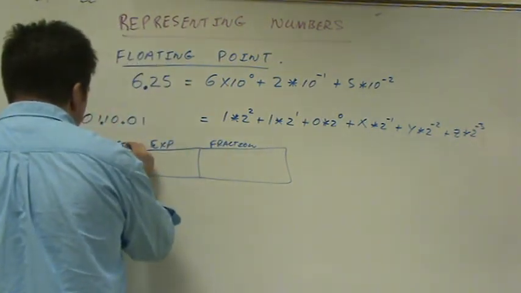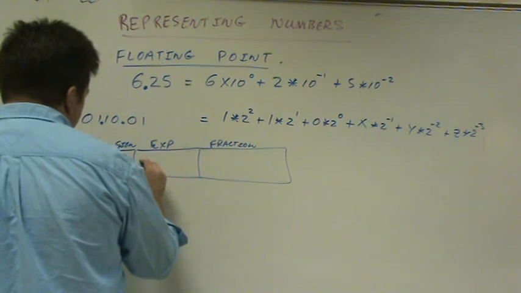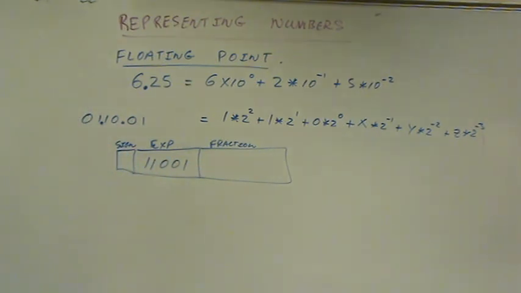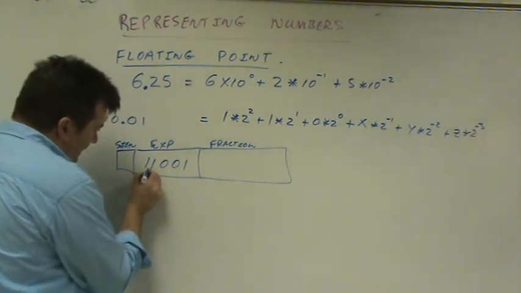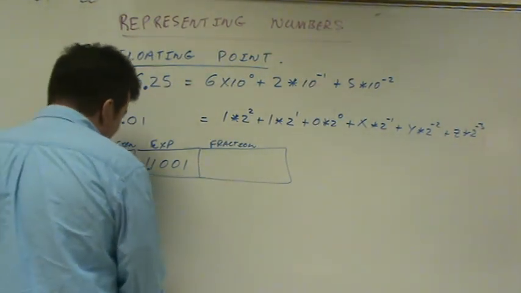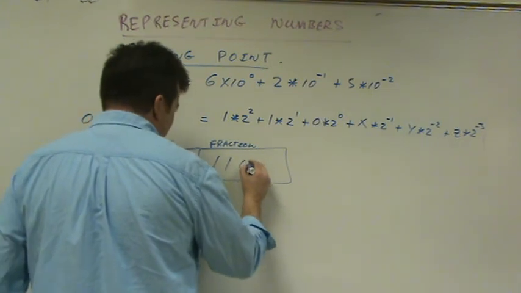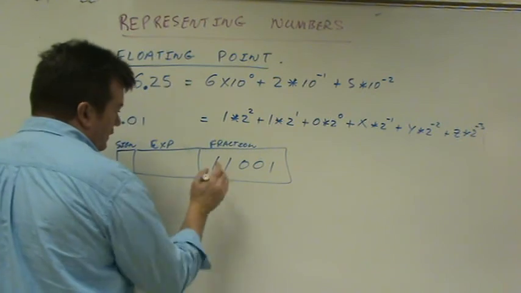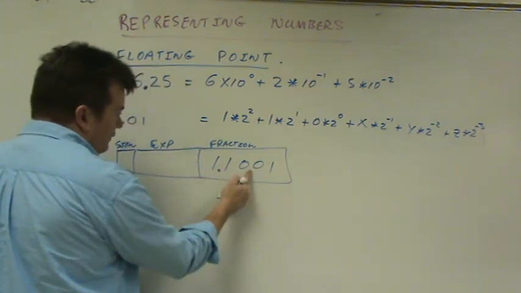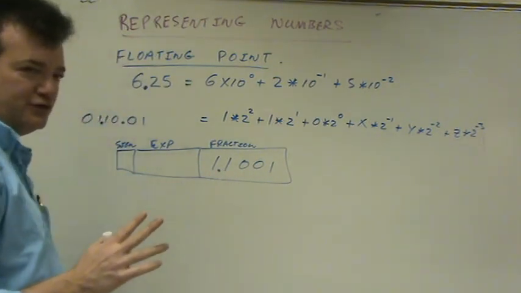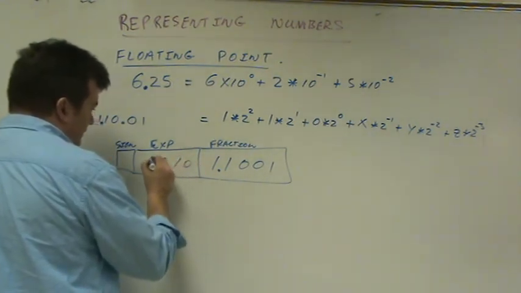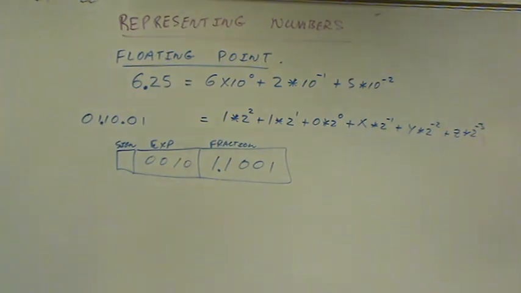So they could have said 11001 in the fractional part, and then knowing that the decimal goes here, they had to multiply it by 2 to the 2. So they would record a 2 here. This would be one way they could represent the number, right?